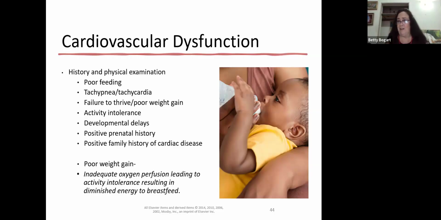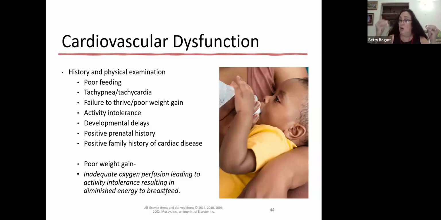I'm not going to be able to drink, so I'm not going to gain weight. I'm not getting my nutrition, so I'm not filling the nutrition tank. So no gasoline in the tank, nutritionally, cognitively, I'm going to be delayed, okay? It could be part of what a family is. It could be, we know something has been going on with that child. Now, in heart failure, when it suddenly happens, you see weight gain.